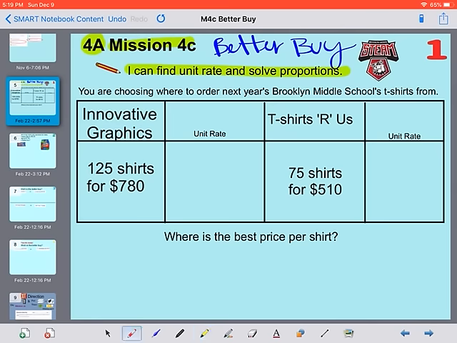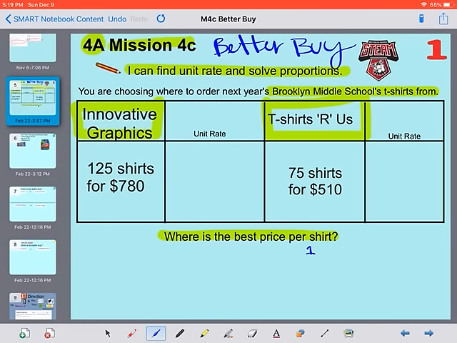So first, we have a scenario. It says you are choosing where to order next year's Brooklyn Middle School's t-shirts from. We have two options. We can buy them from Innovative Graphics or from T-Shirts R Us. Okay, so we need to find the unit rate, or where's the best price per t-shirt for every one shirt, which is going to be cheaper.